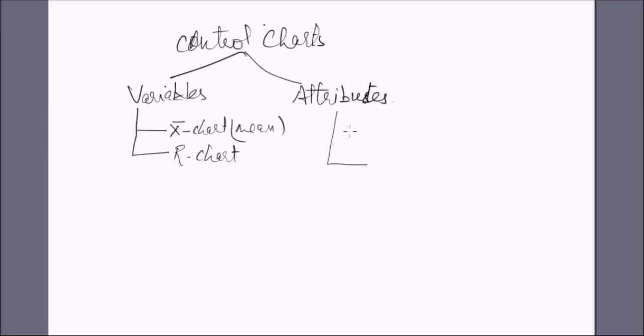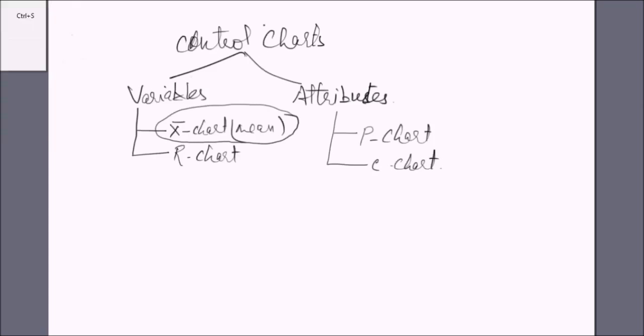Similarly, we have got control chart for attributes, where we have the P chart or the proportion chart and C chart or the number of defects chart. To start with, we will take up the control chart for mean or the X bar chart. So let's take a sample question and see how to draw a control chart.